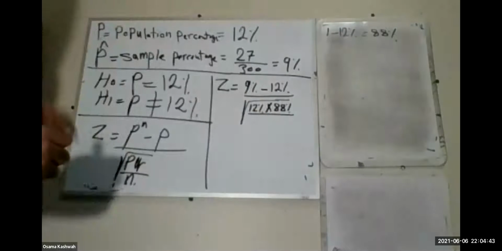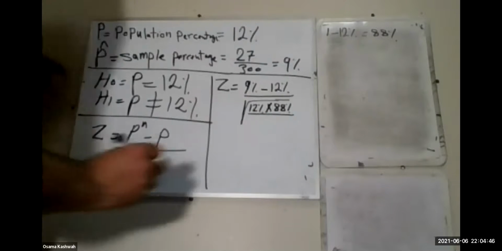This is divided by the sample size, which is 300.